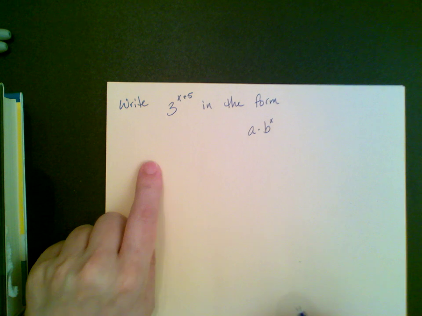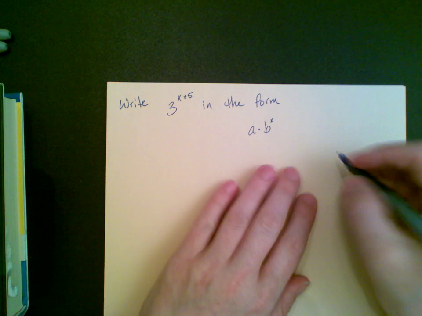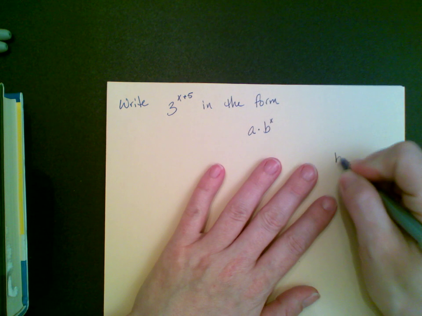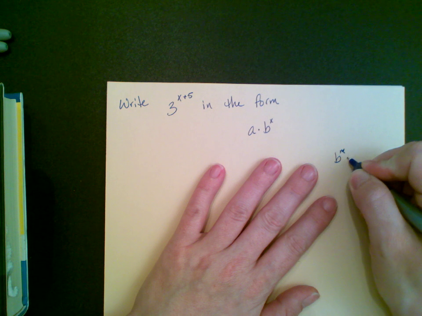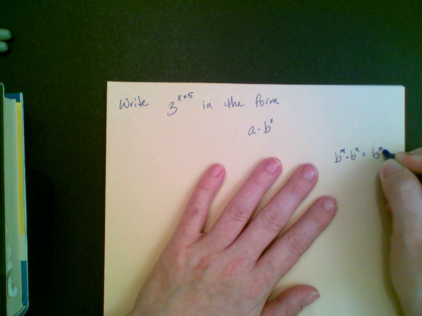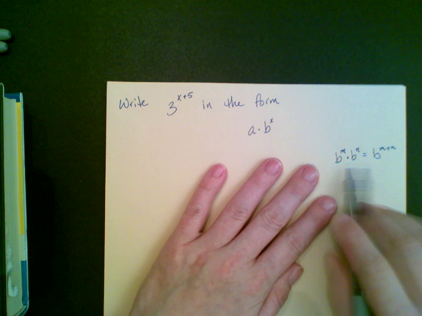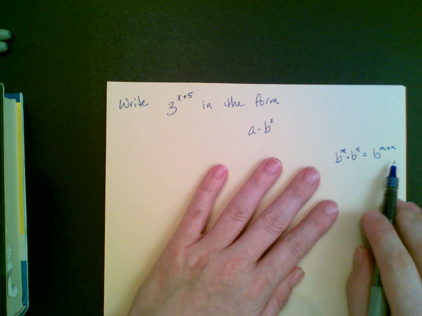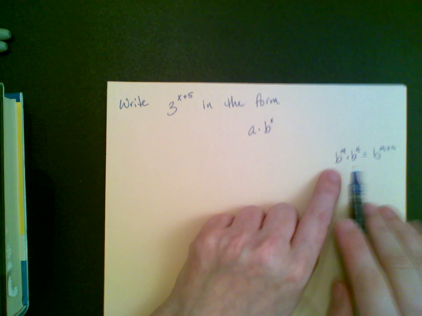One of our exponent rules is that if we have b to the m times b to the n, that's equal to b to the m plus n. That should be prerequisite knowledge, but it was reviewed in the reading.